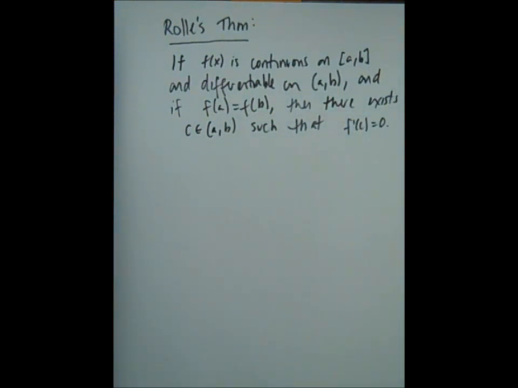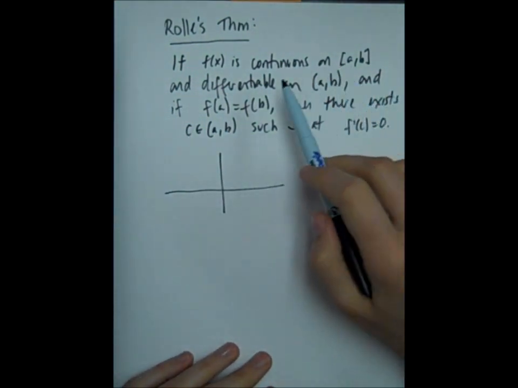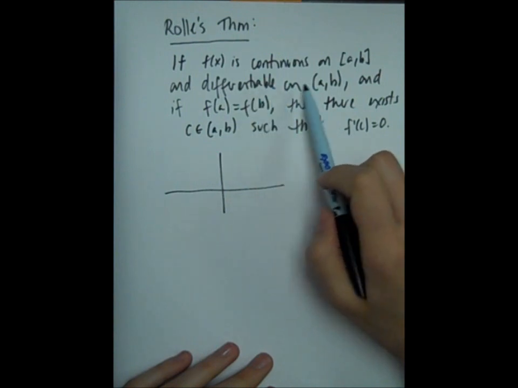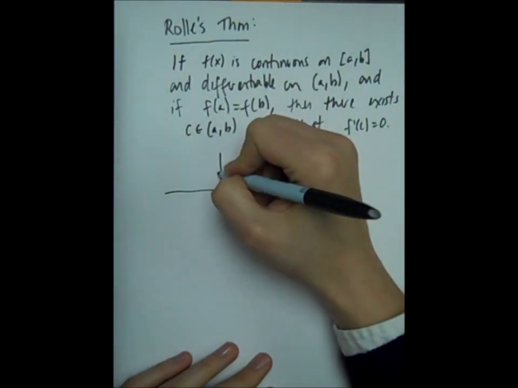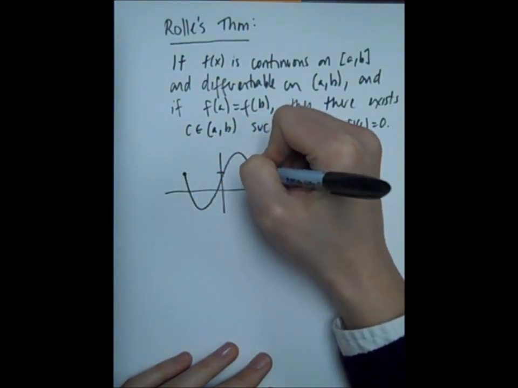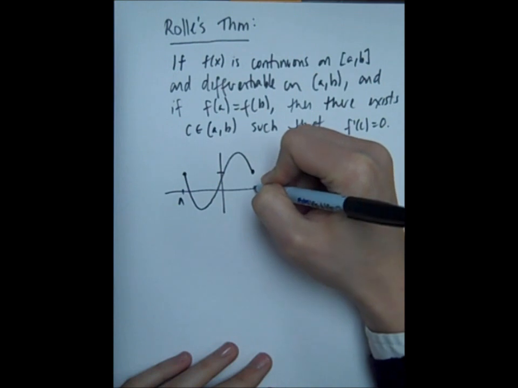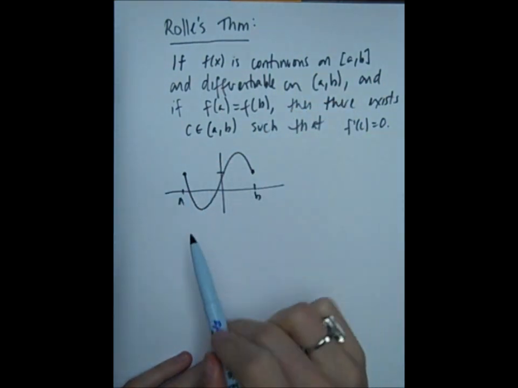So Rolle's theorem is basically giving you very strict conditions on when I do have that the derivative is 0. Pictorially speaking, what is this doing? It's saying that I have a continuous function that's differentiable and the endpoints give me the same y value. We don't really know what happens in between, but I know that the two endpoints give me the same y value.